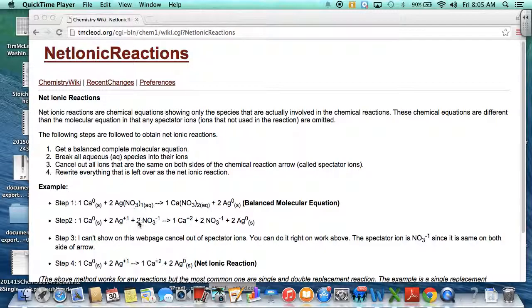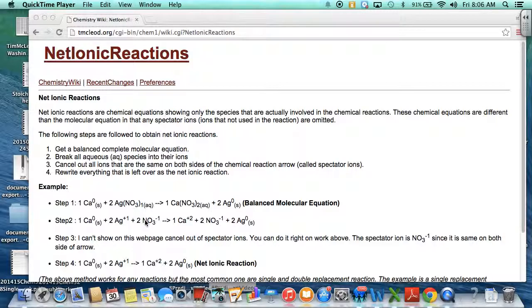Now, there can never be a 3 or a 2. These numbers all must be the same, since you're using a balanced chemical reaction. So you cancel these out, put a line through, which means they're not participating in the chemical reaction. And we have a name for them. They're called spectator ions.